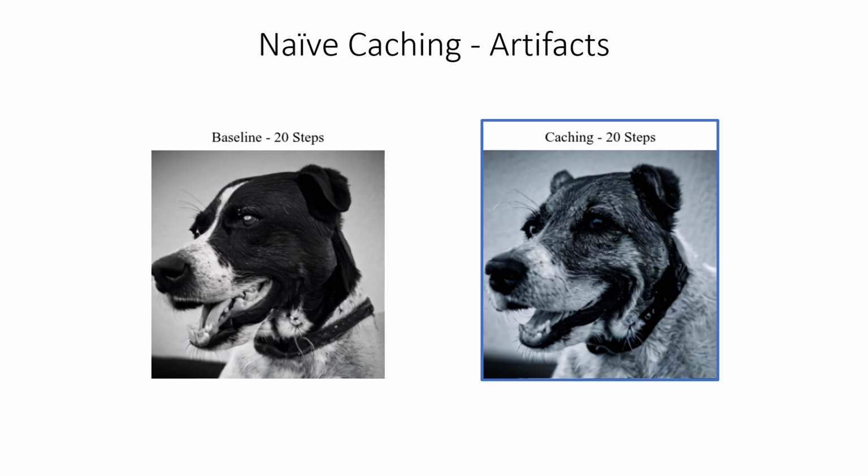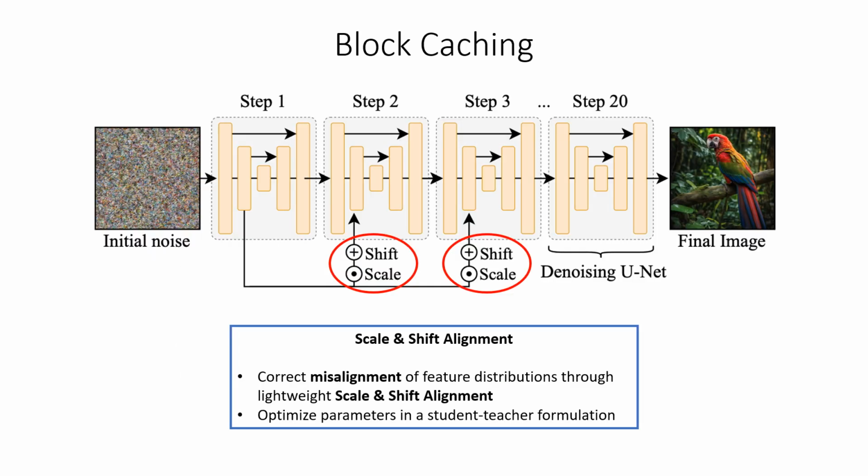Unfortunately, naively implementing caching can lead to artifacts. In this example, we apply caching to get a 1.5x speedup and generate an image. While the details are retained, the background now looks blurry. This is a result of a misalignment of the feature distributions between the cached and non-cached values. To solve this issue, we introduce a lightweight scale-shift alignment step.